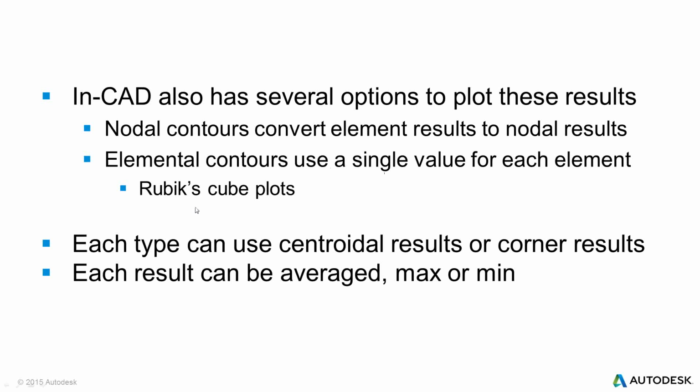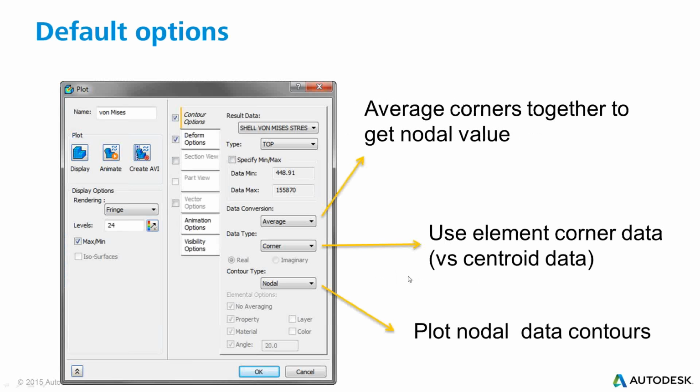And I like to joke it's the Rubik's Cube plot because each element is a solid color and elements next to each other may or may not have the same solid color, so it ends up looking like a big Rubik's Cube. But anyway, each type can use centroidal results to calculate my elemental or my nodal, or they can use corner results to calculate those. And again, the result can be averaged, max or min, so on and so forth. So it gets a little complicated.